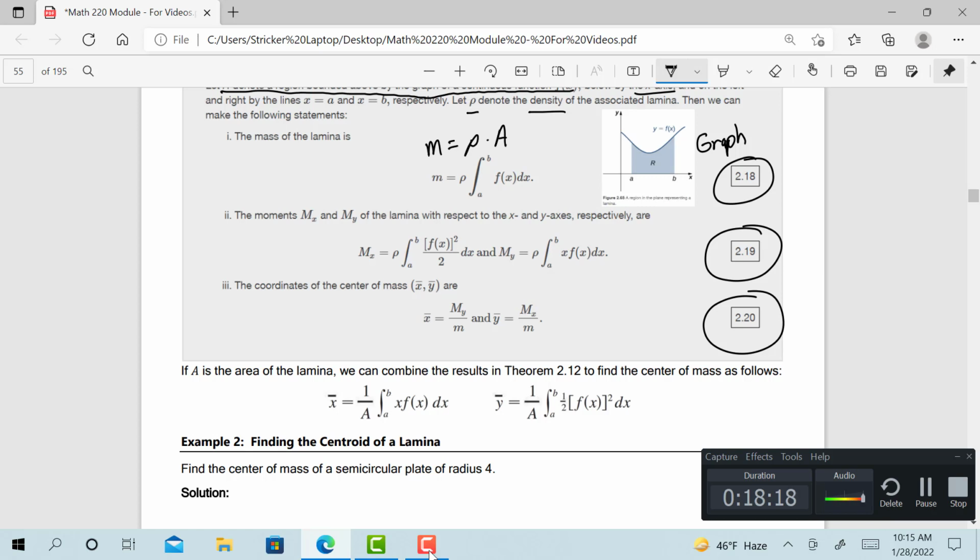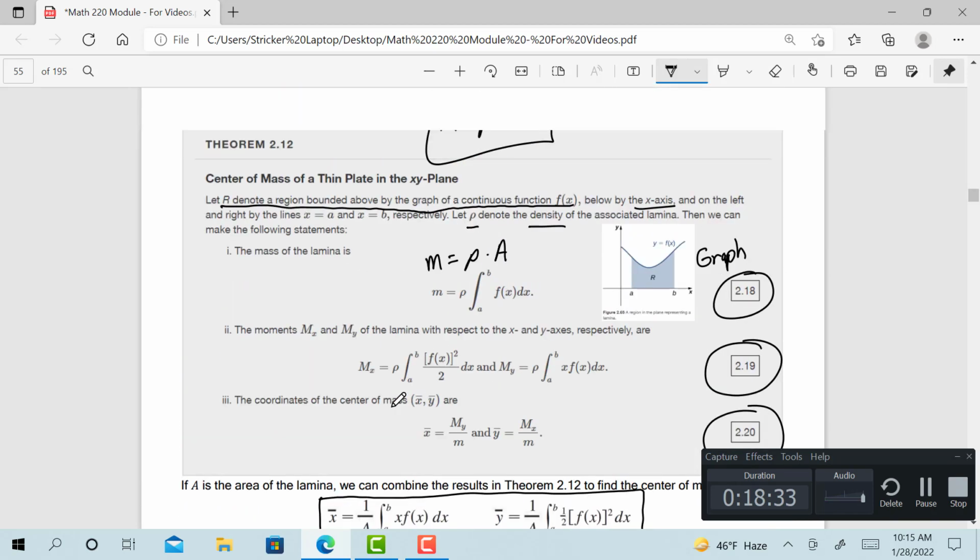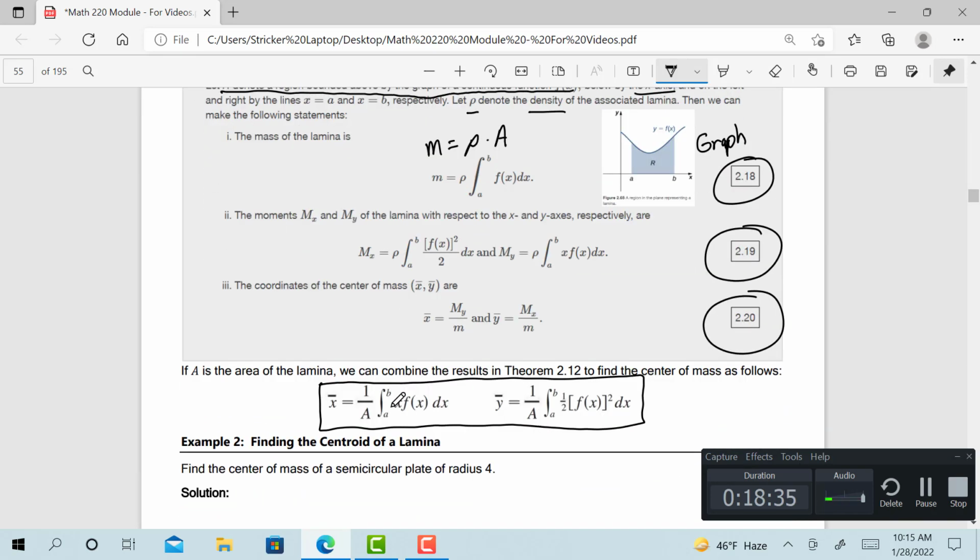What you see down here below the theorem are some simplified formulas for x bar and y bar that combine the concepts in Theorem 2.12. And so we can just use these integrals to find our center of mass. Again, the center of mass is x bar, comma, y bar.